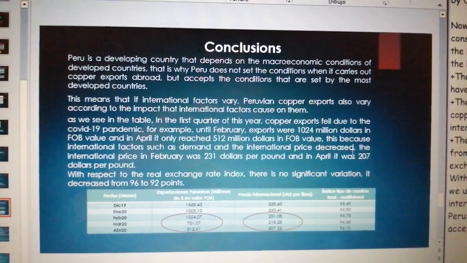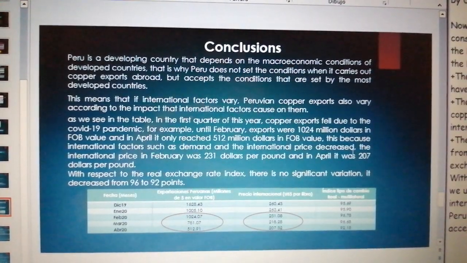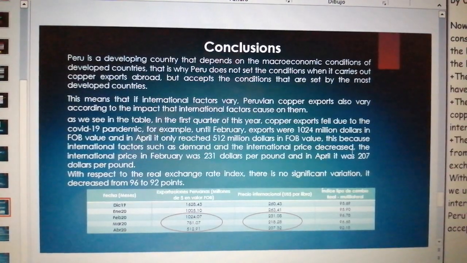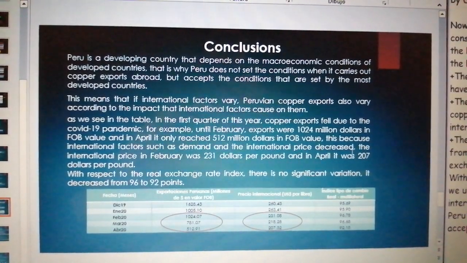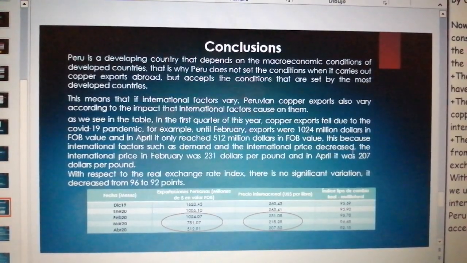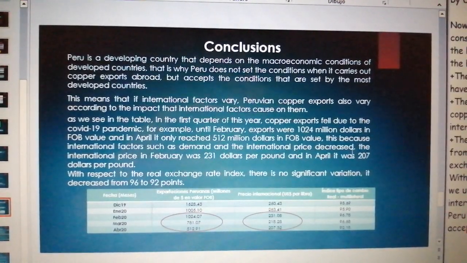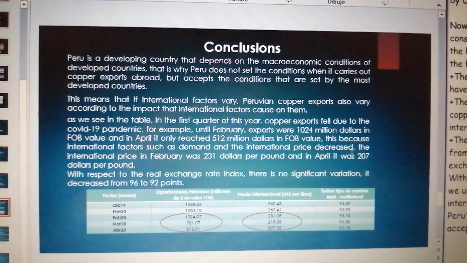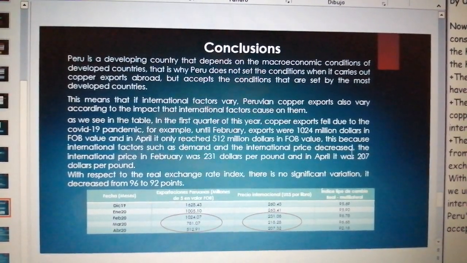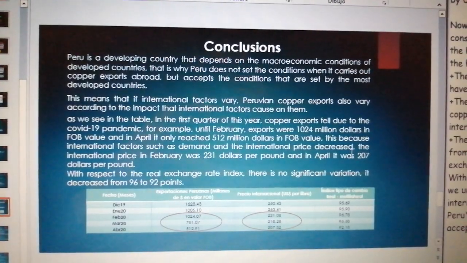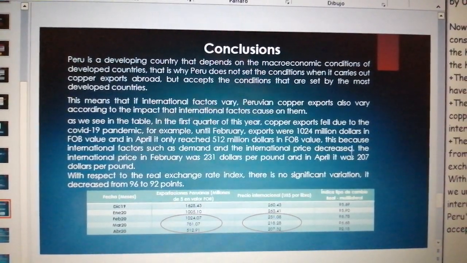As we see in the table, in the first quarter of this year, copper exports fell due to the COVID-19 pandemic. For example, until February, exports were $1,024 million in value, and in April it only reached $512 million in value.